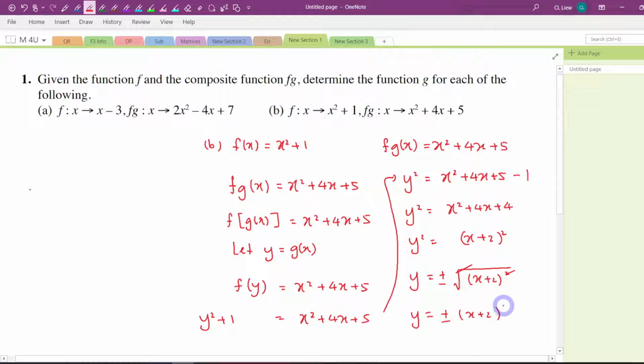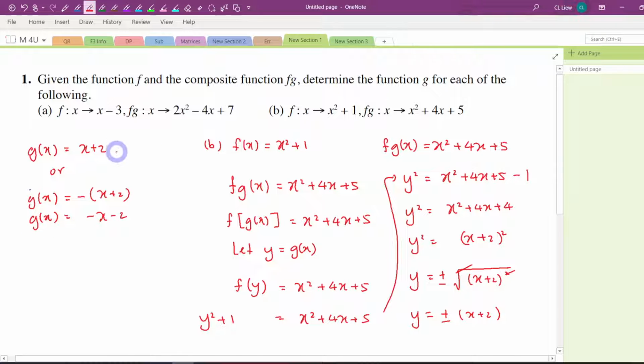The answer given by your textbook is only x plus 2, but in my opinion, negative x plus 2 can be accepted as well. You can take a try. Okay, now we know y is equal to this. It means that g of x is equal to x plus 2, or g of x is equal to negative parentheses x plus 2, which is equal to negative x minus 2.